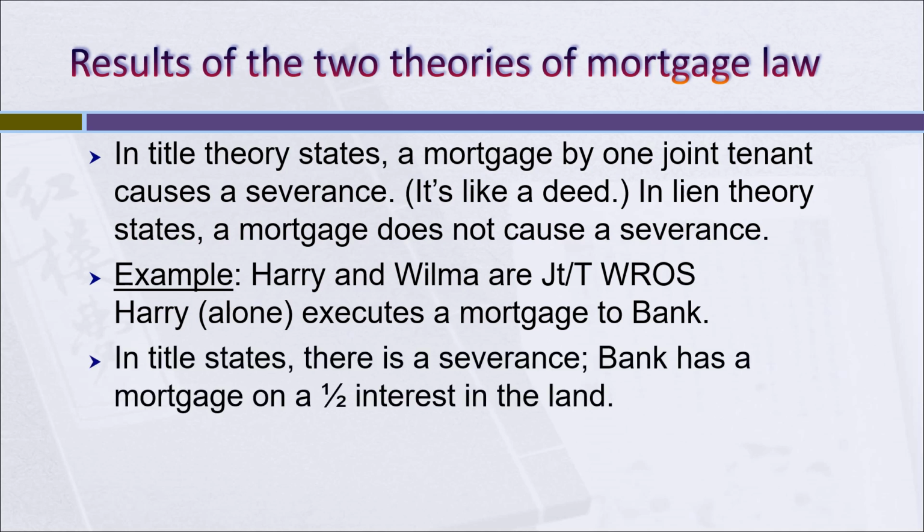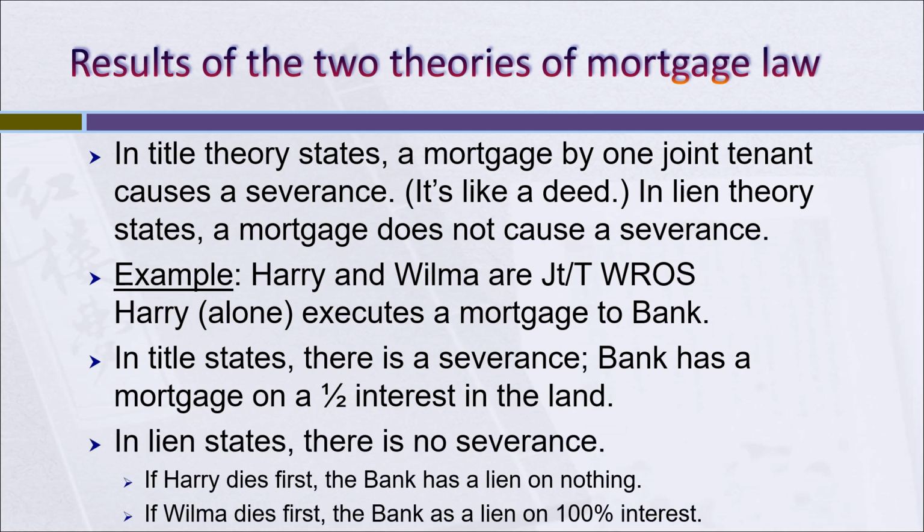As a result, if we're in a title theory state, a state that considers the mortgage to be like a deed, there's a severance of the joint tenancy. And that means that the bank now has a valid mortgage, but it's only a mortgage on a half interest in the land. In effect, the bank has a mortgage on a tenancy in common interest.